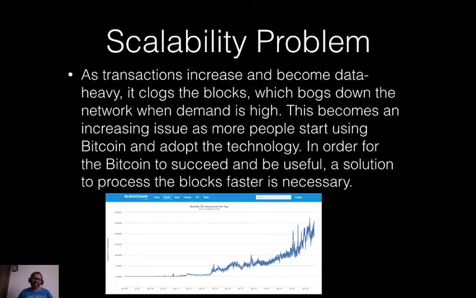They might be buying some Bitcoin from an exchange and moving it to a wallet, or doing wallet to wallet transfers, or transfers between two exchanges. So there are a lot of ways in which you can transfer your funds. And all of these transactions have to be verified and go through the Bitcoin network.